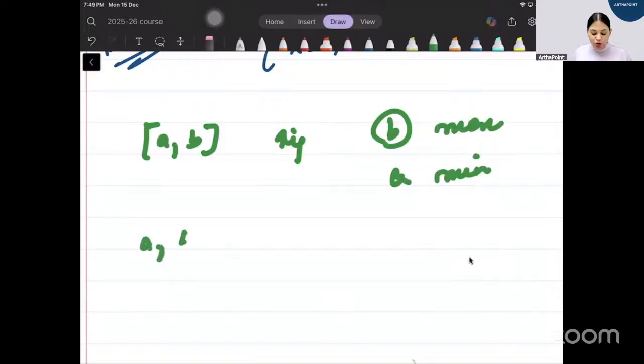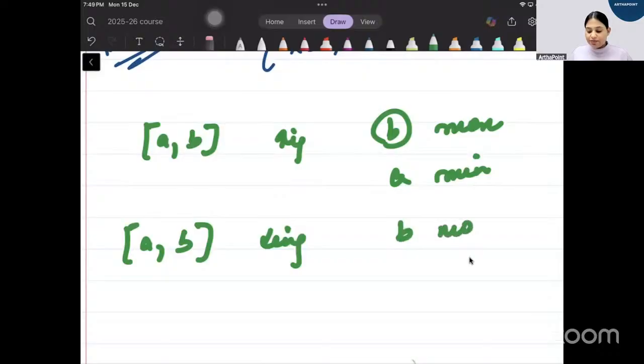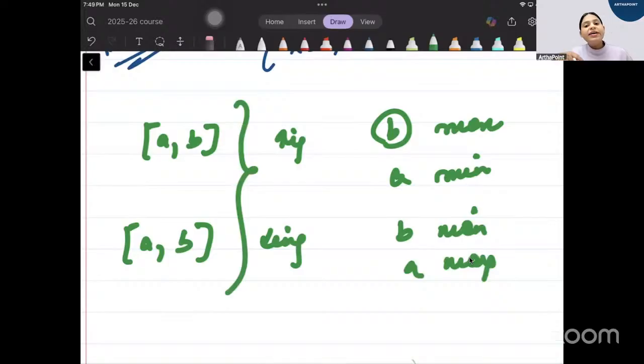And in a to b, if it is strictly decreasing, then at b it will have minima and at a it will have maxima. So sometimes you don't have to factorize or do anything with the function. Just see whether the function is increasing or decreasing or not.